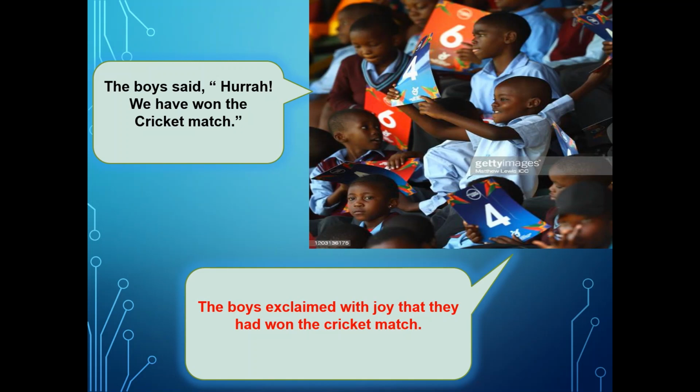So here you can see the changes. The verb have won is present perfect and it becomes had won, past perfect, in the reported speech because the reporting verb said is in past tense.